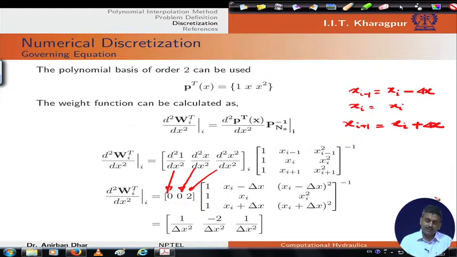Now with this simplification, d2 w transpose dx2 will be 1 by del x square, minus 2 by del x square, 1 by del x square. Interestingly, whatever we have got for our finite difference and finite volume case for interior node discretization for this particular problem, we have exactly got the same thing.